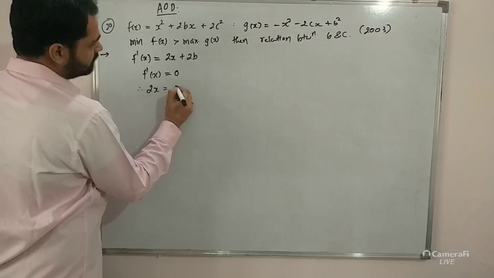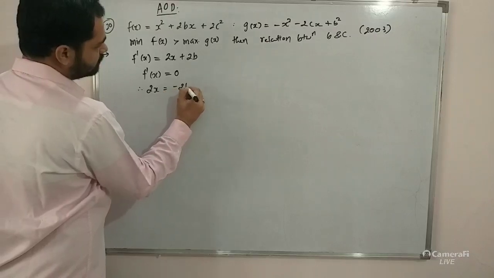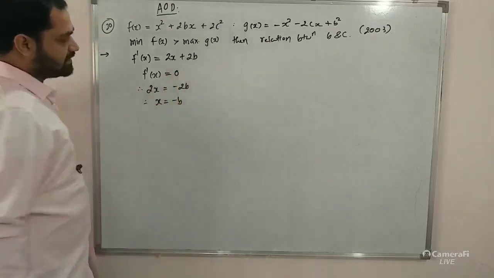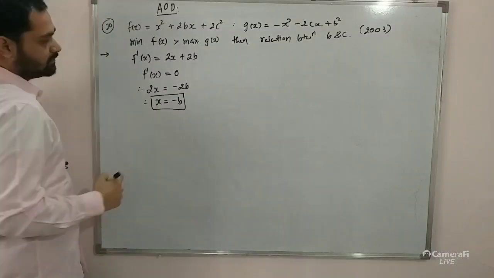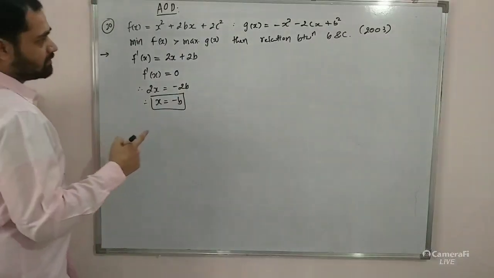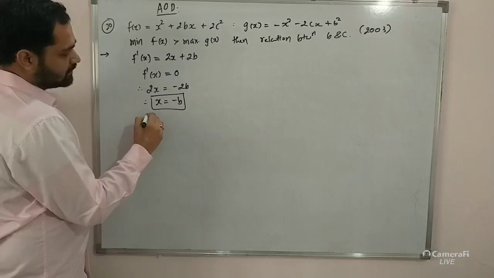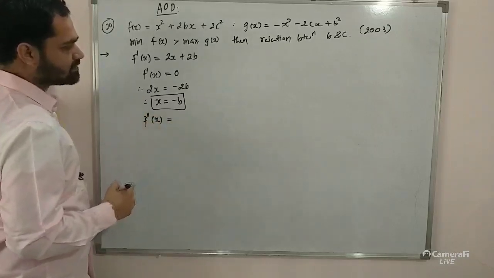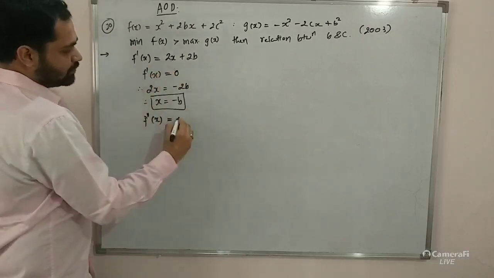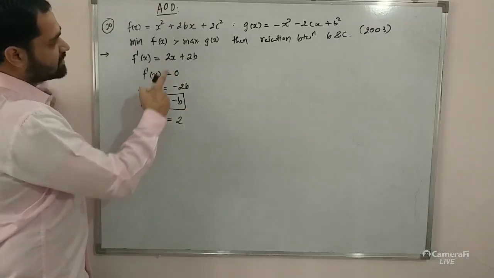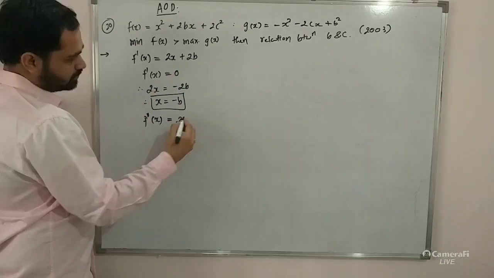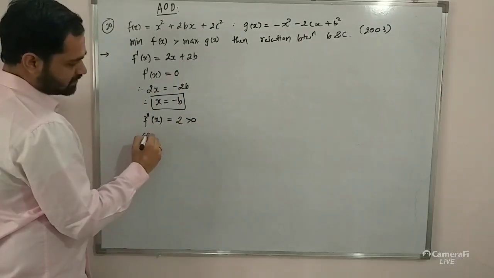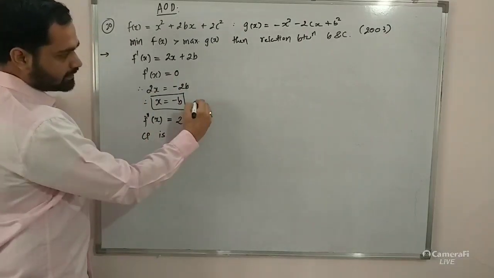It means 2x is equal to minus 2b, so x is equal to minus b. This will be a maximum or minimum for the function. For finding that, we are going to find the f double dash of x using the double derivative test. So f double dash of x is equal to 2, which is greater than 0. It means the critical point is a point of minima, right?